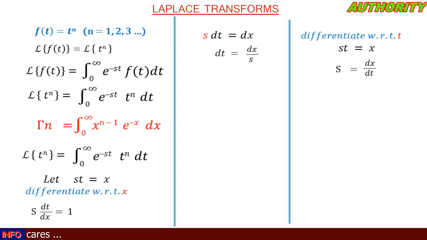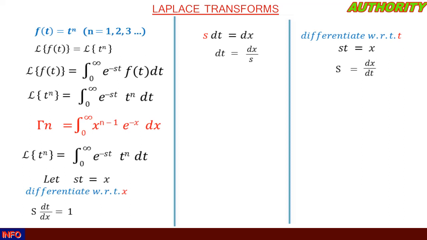Is that clear? Good. And then you remember that we are changing the variable t to x, so there is a need for the dt to also change. So what are we going to have as a new value for dt? That means we make dt the subject here. For us to do that, let's first of all cross multiply.